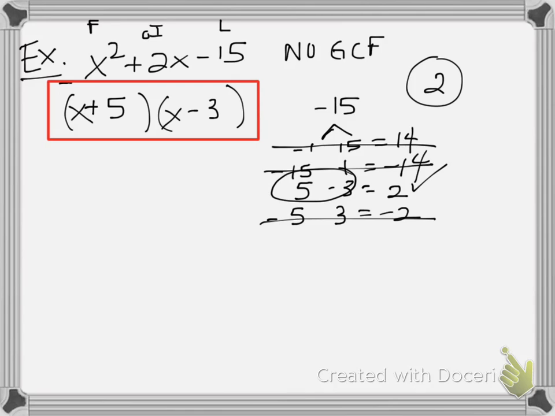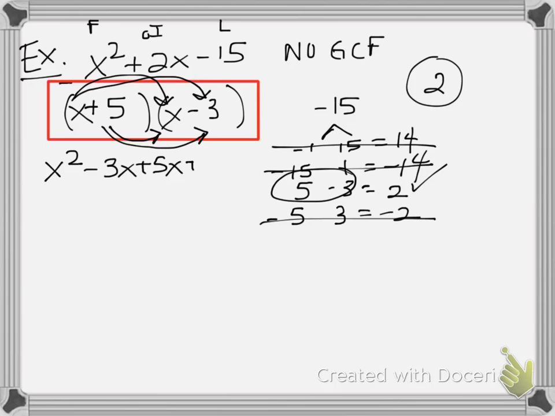So the next thing I want to do is go ahead and check my work to see if I get this again, if I get the x squared plus 2x minus 15. So x times x is x squared. That's my first term. x times negative 3 is negative 3x. 5 times x is positive 5x. 5 times negative 3 is negative 15.